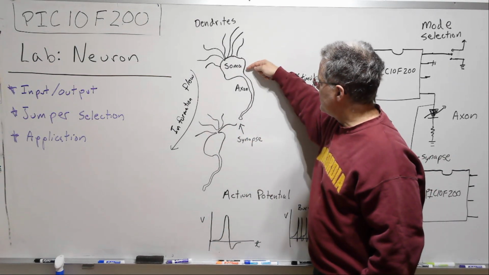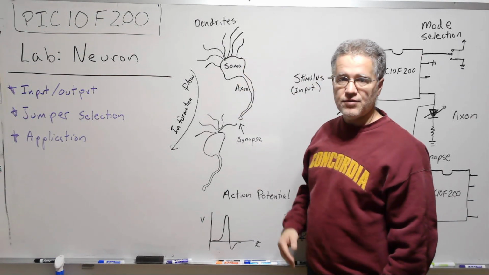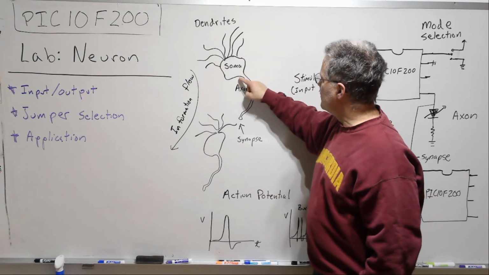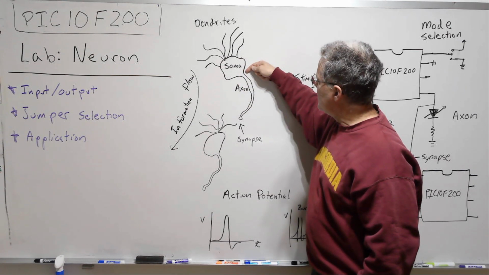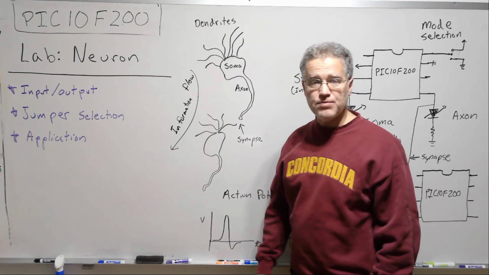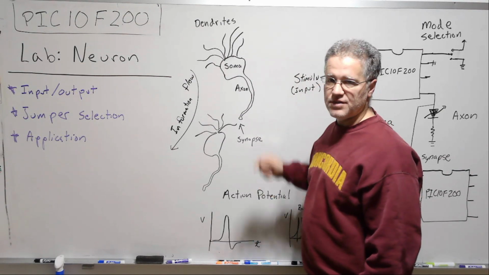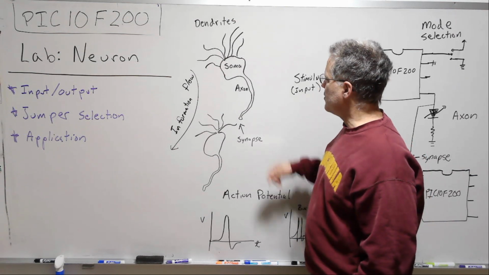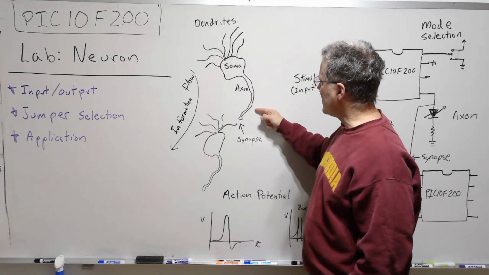If that integration of these electrical signals reaches a threshold voltage at this point here, called the axon hillock, an action potential will be initiated along the axon of this neuron. And most neurons have a single axon. There are some exceptions, but most neurons have a single axon.